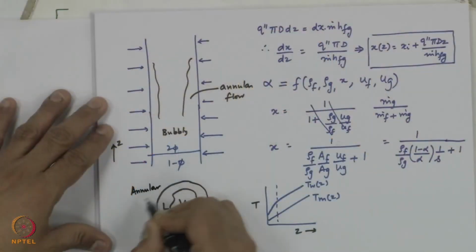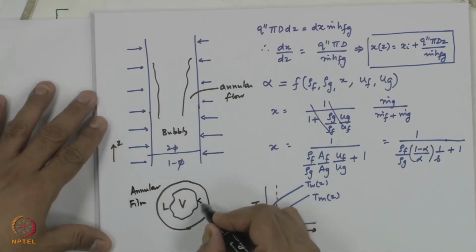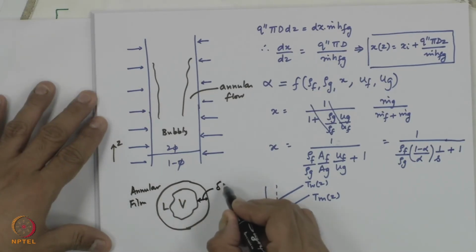So, when the vapor flows through a liquid phase, the vapor accelerates and pushes the liquid to the sides. This pushing of the slow moving fluid to the side, and the rapidly moving fluid going through the center, gives a flow situation which is called annular flow. Annular flow is conventionally represented like this. Annulus, that is why annular flow. This is the thickness of the liquid film.